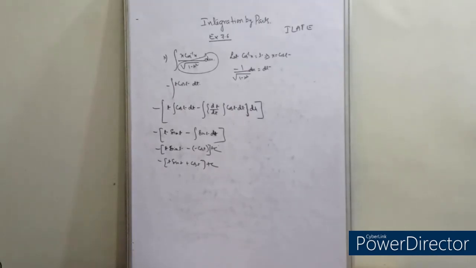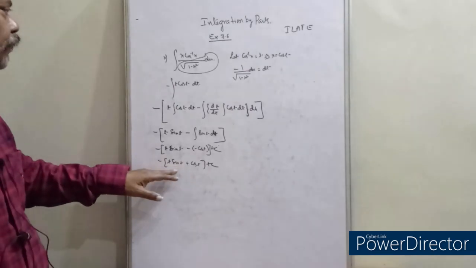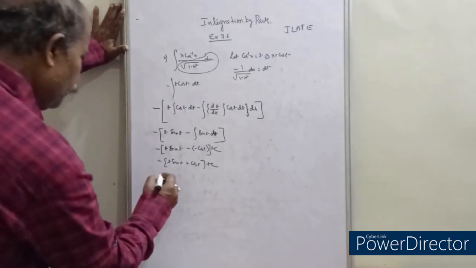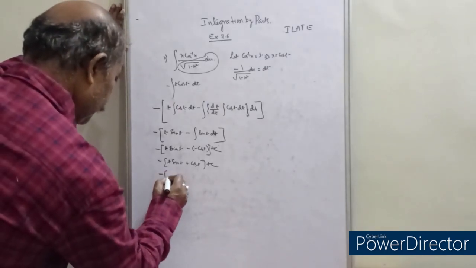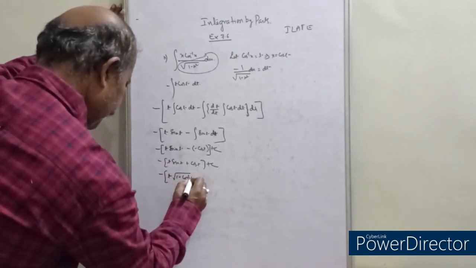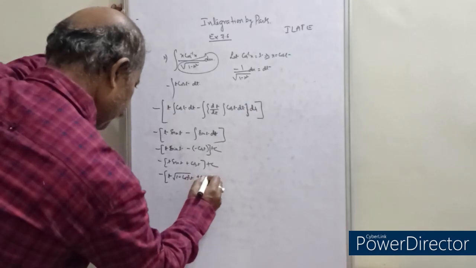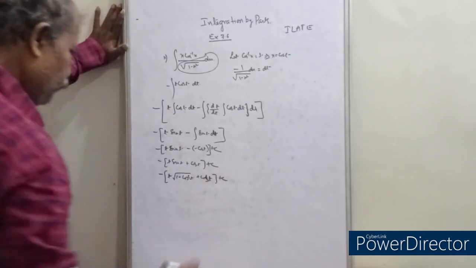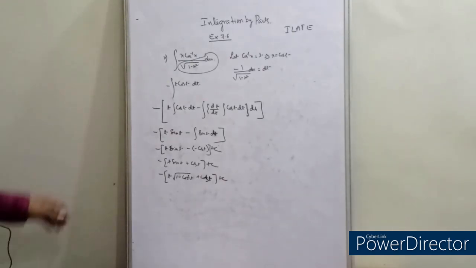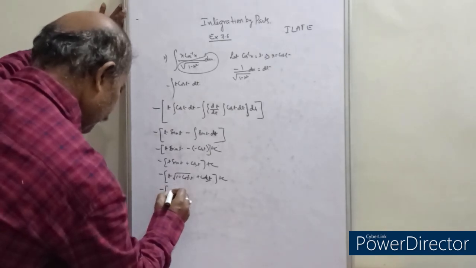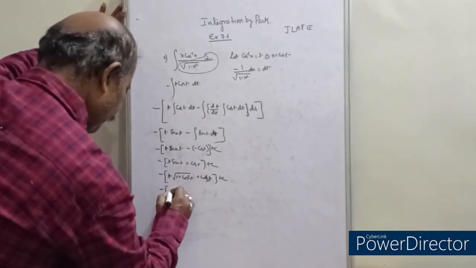Now since we have taken cos inverse x is equal to t, for this t I am going to write cos t as root of 1 minus cos square t, plus c. So here you see t is cos inverse x, and this is root of 1 minus x square.